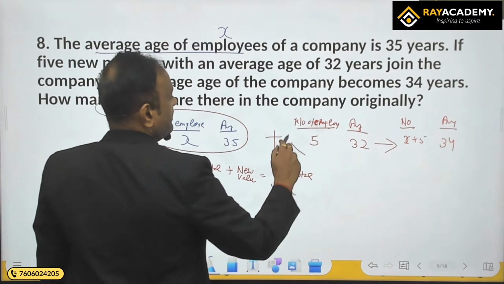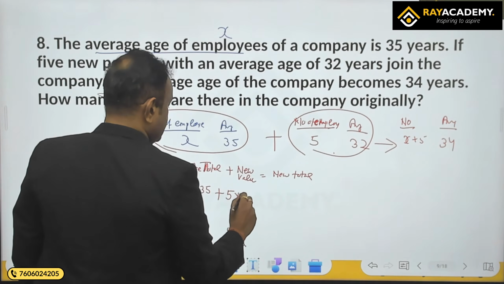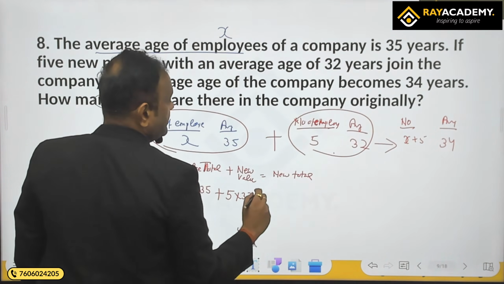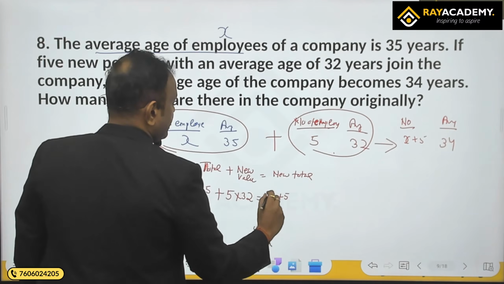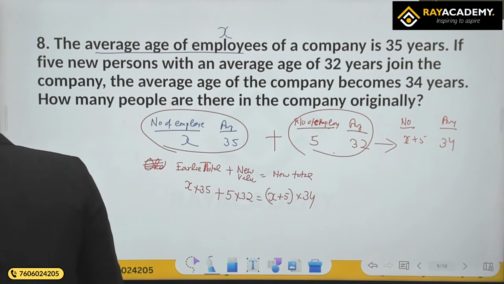The new value added is 5 multiplied by 32. The new total is x plus 5 into 34. This equation you need to solve.